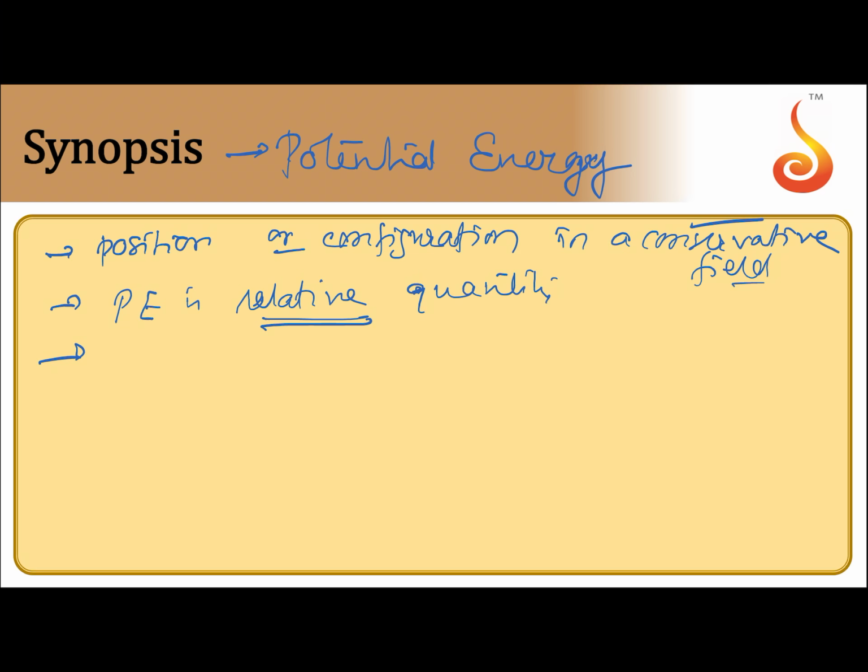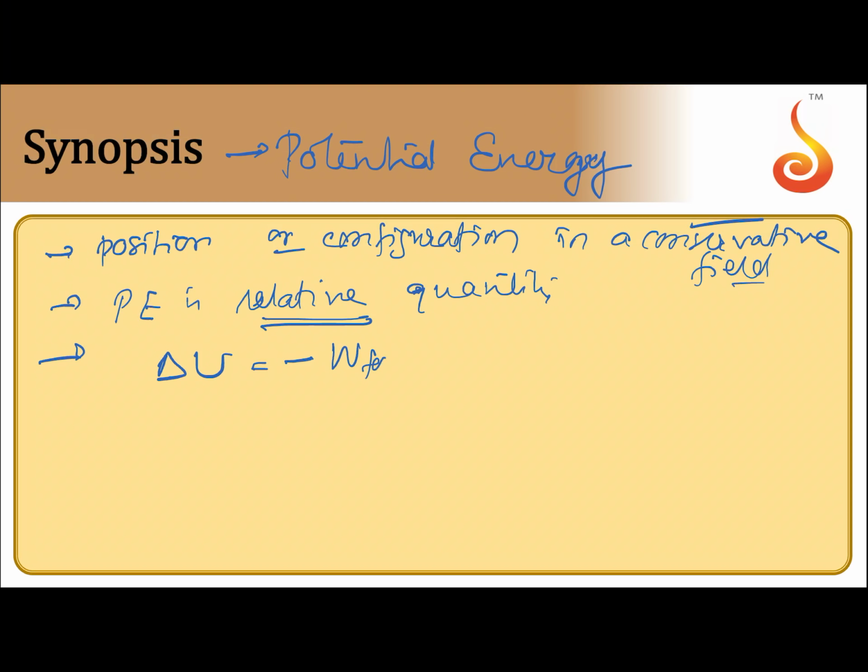Now, how to write that potential energy? Potential energy is nothing but the negative of the work done by the conservative force. The change in potential energy is nothing but the negative of the work done by the conservative force.